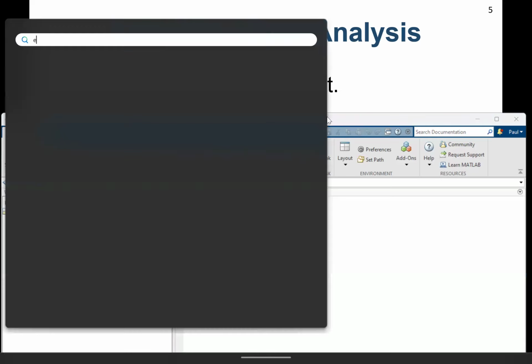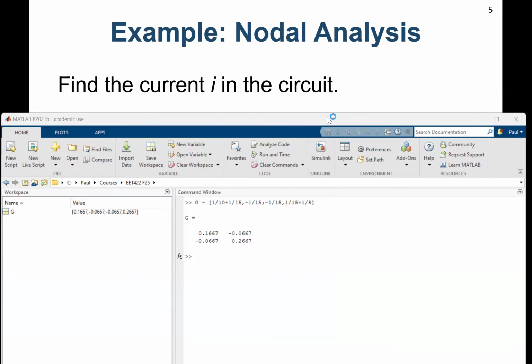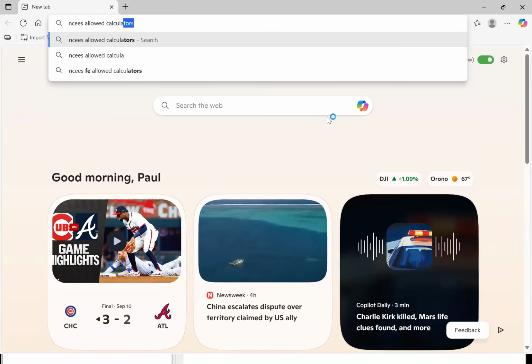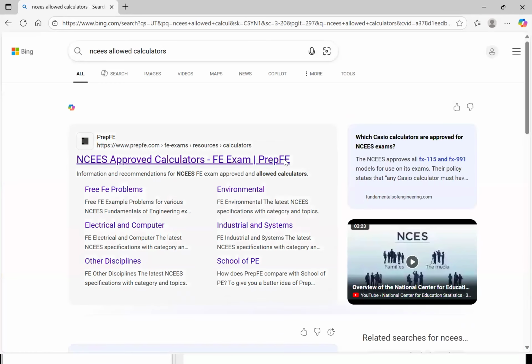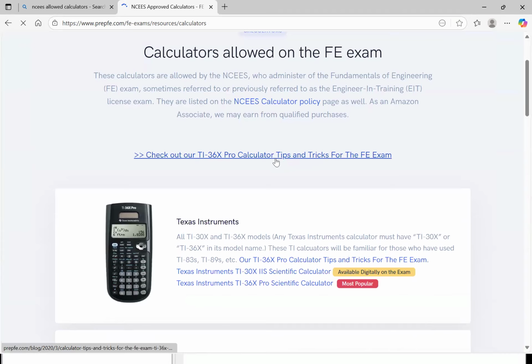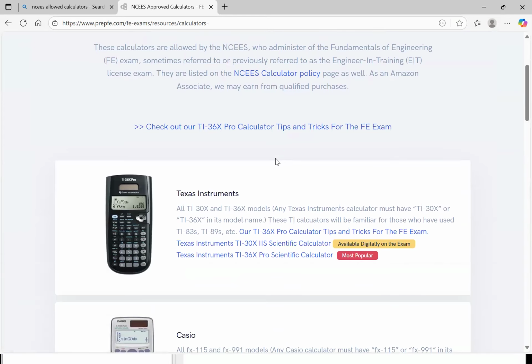Let's see. All you have to do is go to NCEES. Here, FE exam. These are approved calculators. TI-30X, TI-36X are allowed.